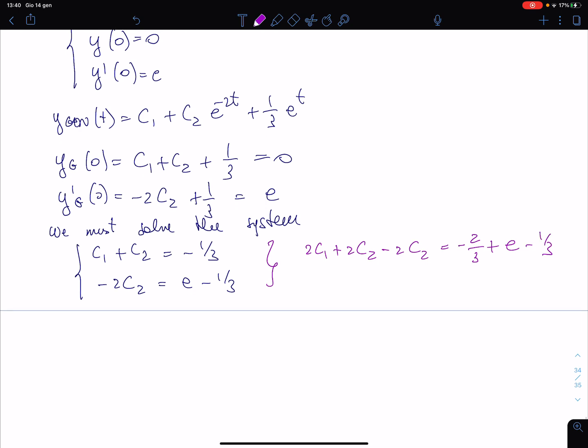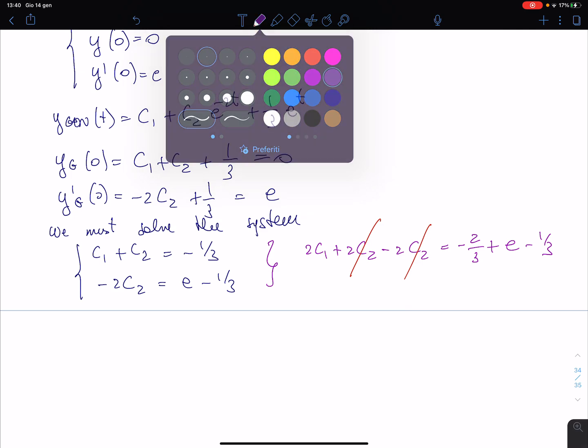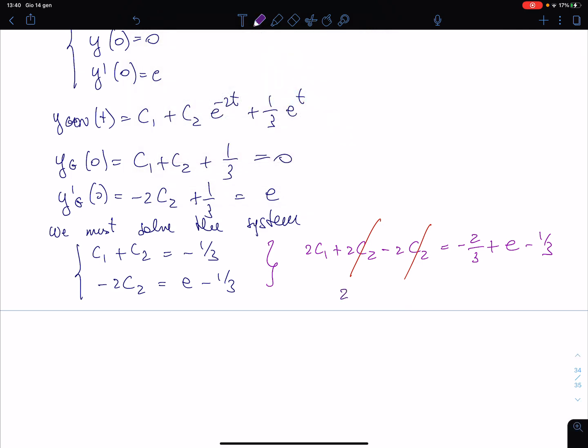There is a cancellation, so 2C1 is equal to minus 1 plus e, so C1 is equal to (e minus 1) divided by 2.